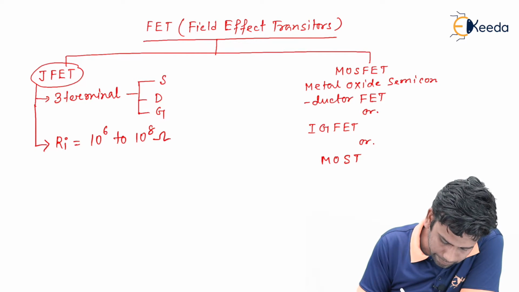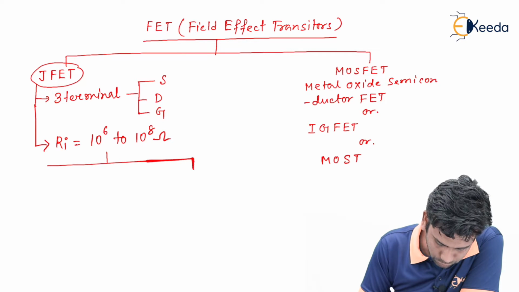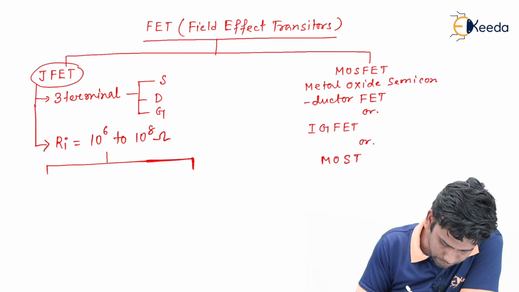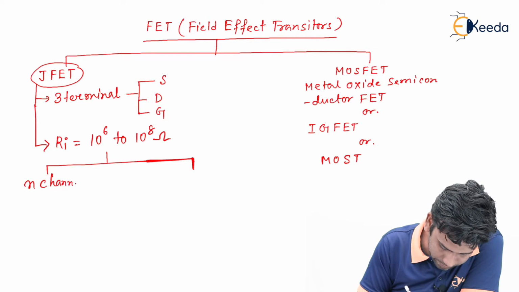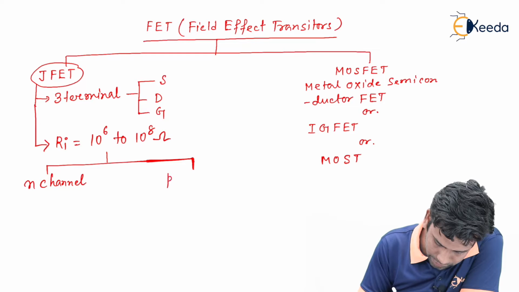This JFET can be classified into two groups. The first one is N channel JFET and the second one is P channel JFET.